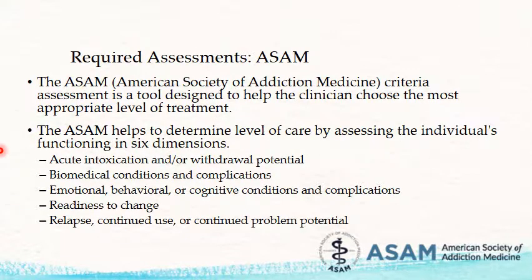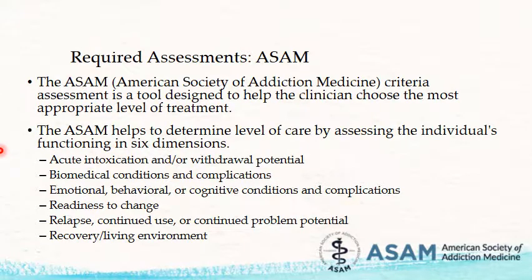These 6 dimensions include acute intoxication and withdrawal potential, biomedical conditions and complications, emotional, behavioral, or cognitive conditions and complications, readiness to change, relapse, continued use or continued problem potential, and finally recovery or living environment. This is going to take a brief few moments to go through each of these so you have an idea of what we are looking at, and symptoms and things we may be looking for when assessing these dimensions.